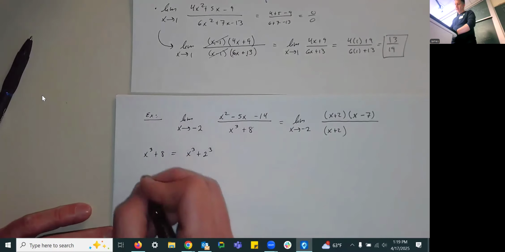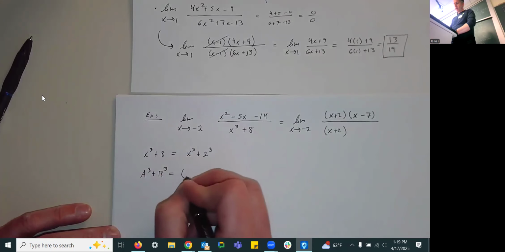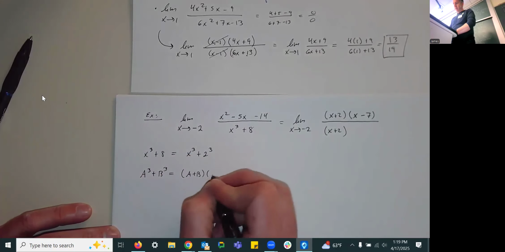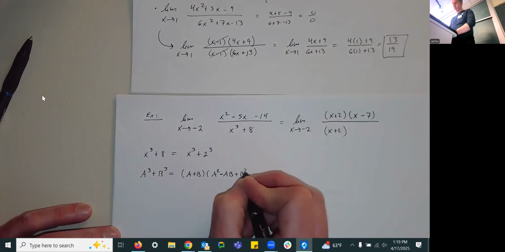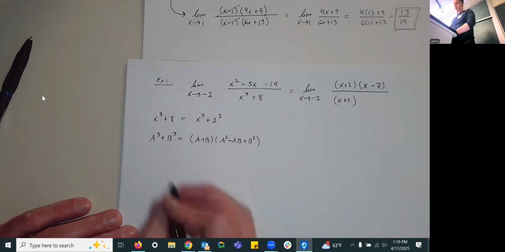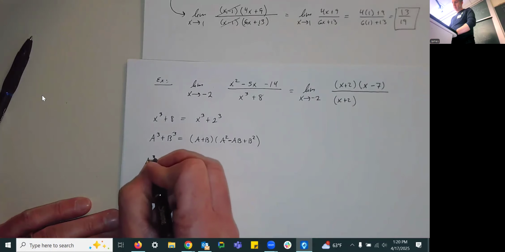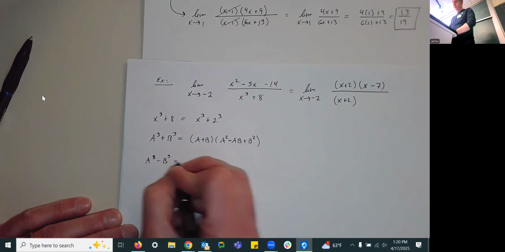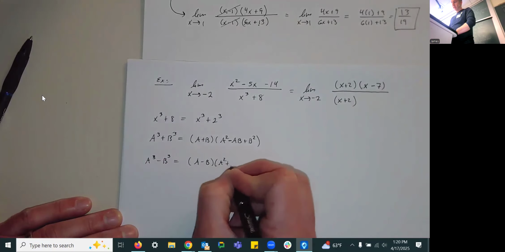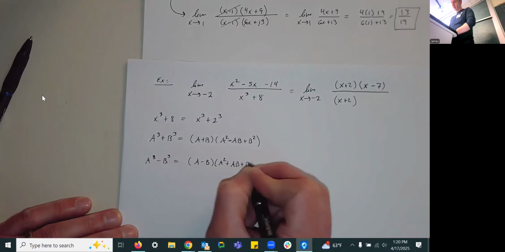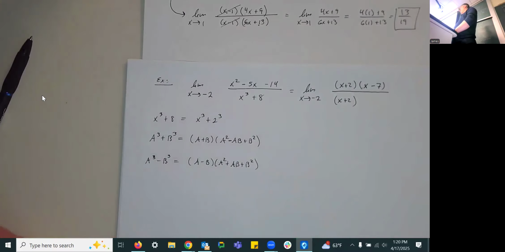And the formula for factoring a sum of cubes, like a cubed plus b cubed, is a plus b times a squared minus a times b plus b squared. Or if you prefer, a cubed minus b cubed, a difference of cubes, factors as a minus b times a squared plus a times b plus b squared. There is an acronym for this. The acronym is SOAP.